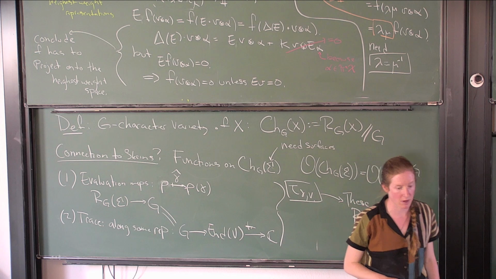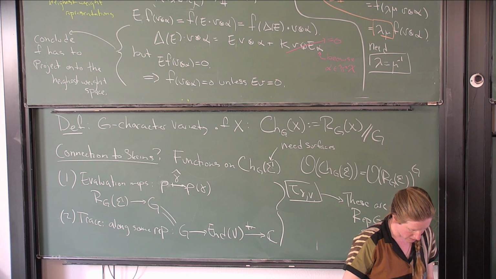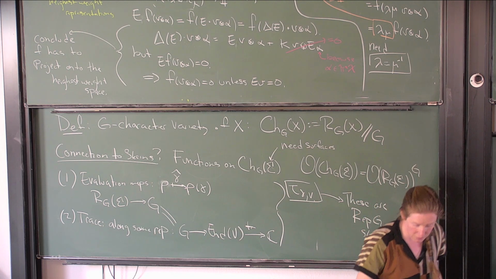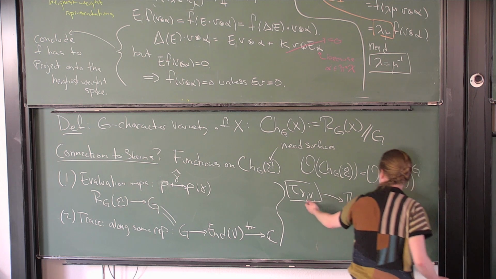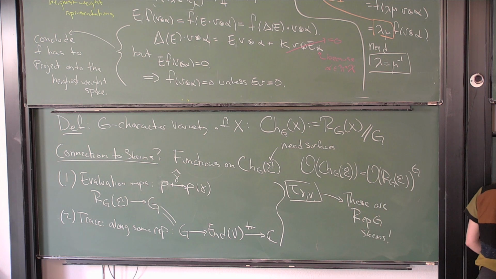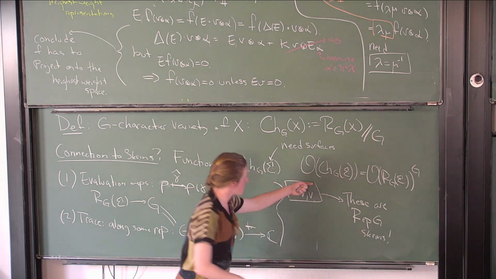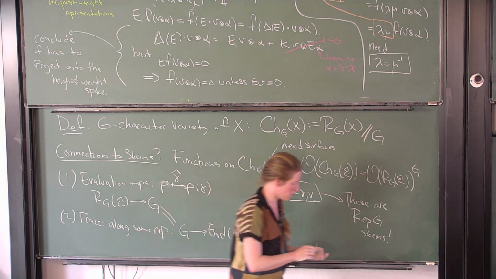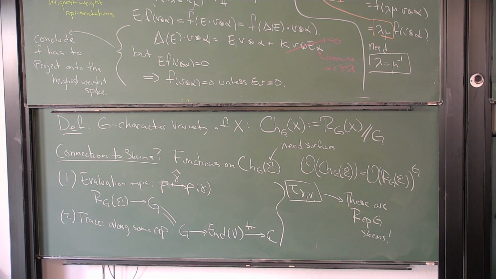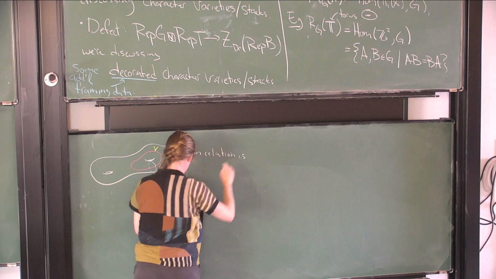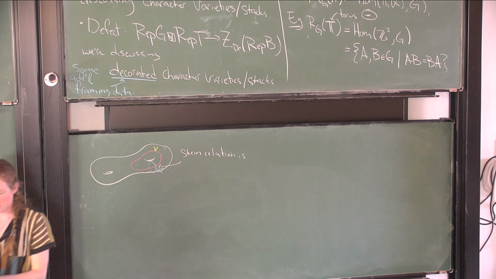It's exactly the type of object we were thinking about before. If we have two of these functions and I multiply them together, maybe I have two curves like this, colored by some W. But here I'm thinking about complex valued functions, so my Skein relation is, I'm going to keep the colors.